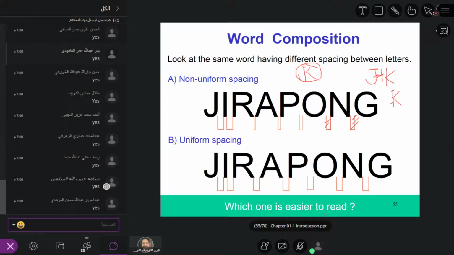But again, it depends on the letters, right? Since this gap is much higher, normally they give this. So this is a standard, but in practice you will know better. The most important point is that you communicate your idea without any confusion from your lettering. That's the idea behind this.